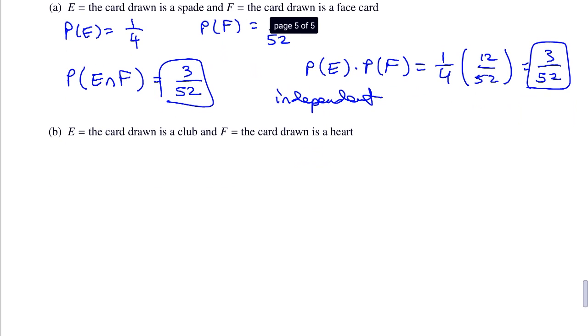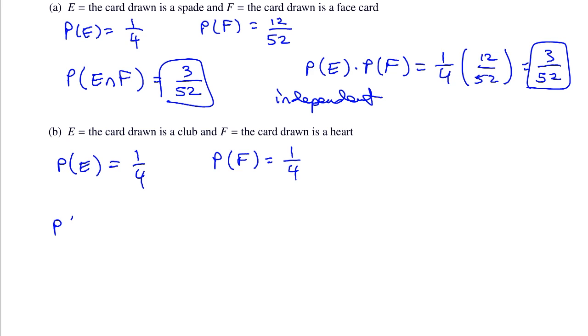In part B, we have E is the event that the card drawn is a club, and F is the event that the card drawn is a heart. What is the probability of E? 1/4. What is the probability of F? 1/4. What is the probability of E and F?